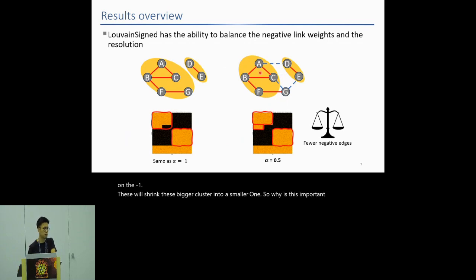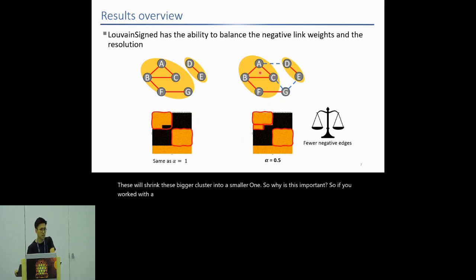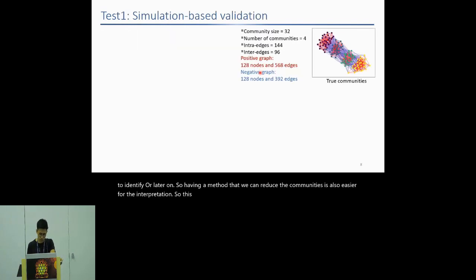If you have worked with functional analysis, you know that if you put 1,000 genes into GO enrichment, it's not very meaningful, it's actually very vague. So having large clusters of communities of genes is not very useful later on. So having a method that can reduce the communities is also easier for interpretation. So this method also helps in this way.